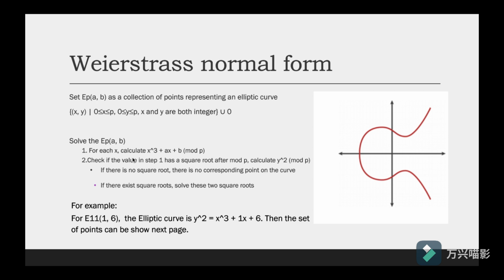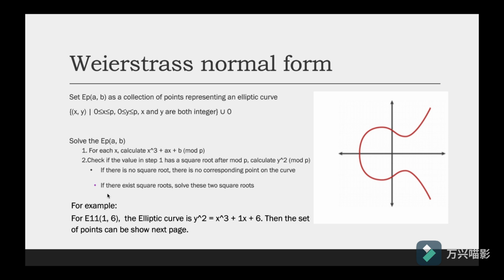So we check the value here. If the value in step 1 has a square root after mod p, we calculate y squared mod p. If there isn't a square root, there isn't a corresponding point on the curve. If there does exist a square root, we solve these two square roots.